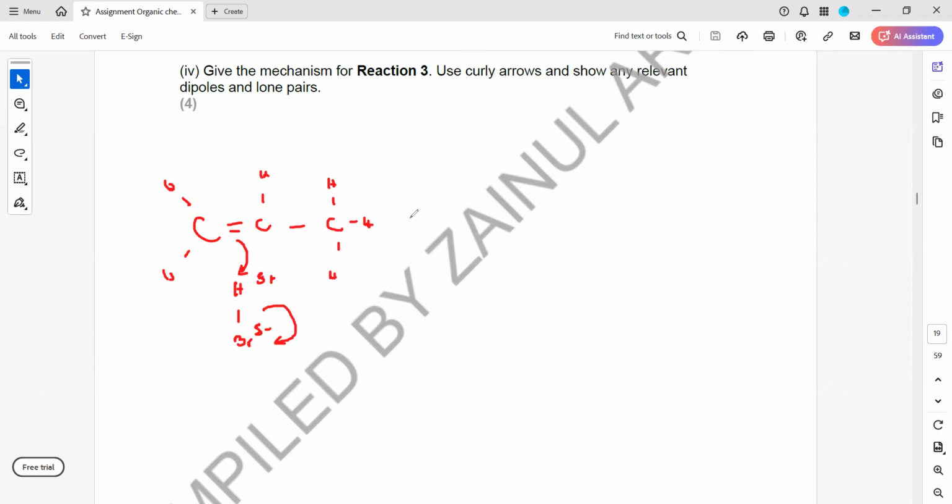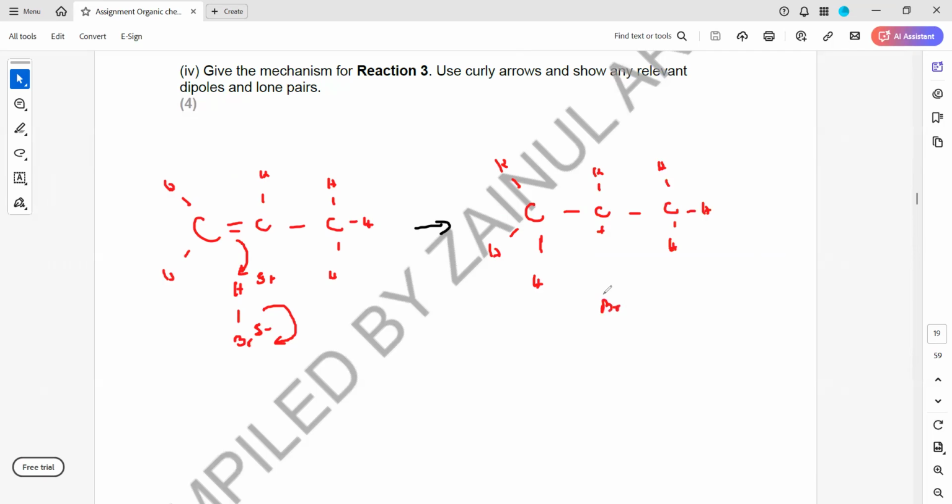And what intermediate will we have? Which one is likely? Because if a hydrogen attaches here, then this will be the carbon cation, and this carbocation will be more stable. And according to Markovnikov's rule as well, hydrogen attaches to the side where the number of hydrogens is more.